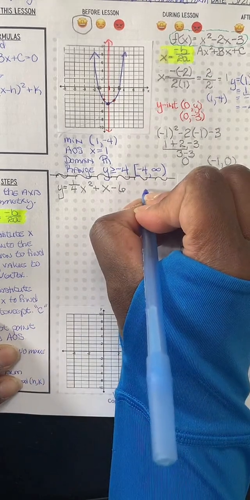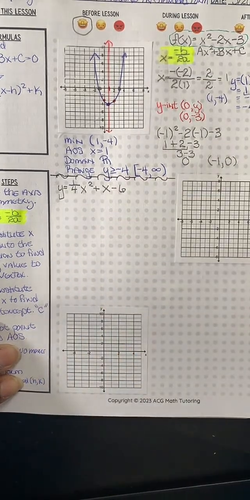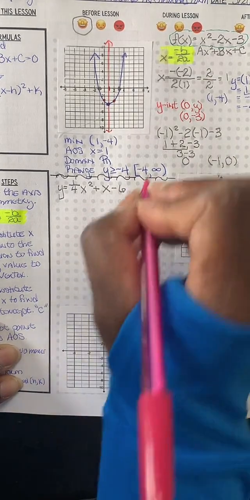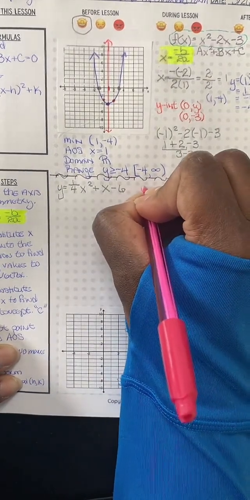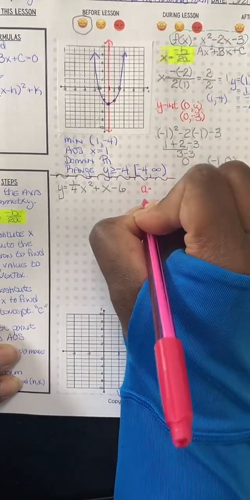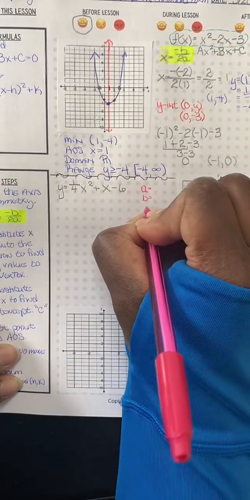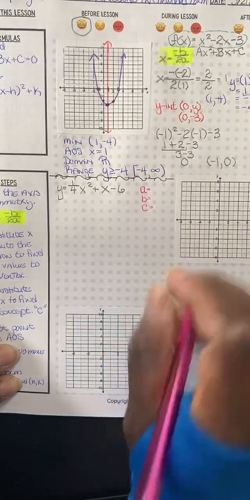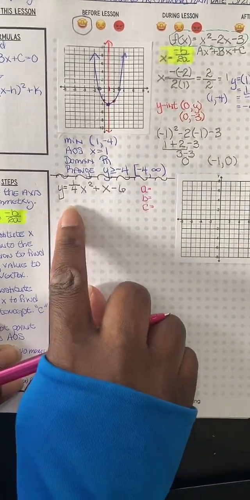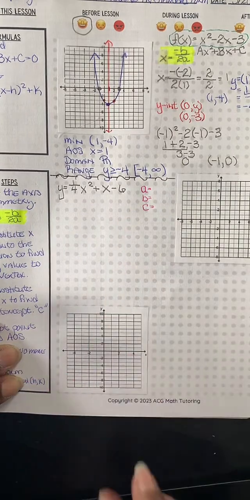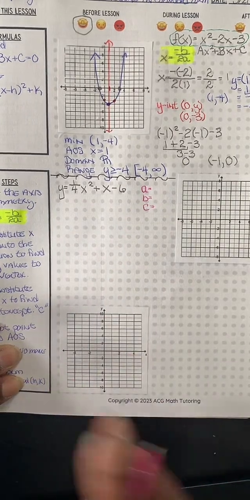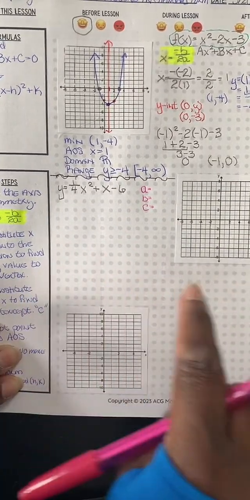So let's list it. We have an a, we have a b, and we have a c. What is my a, what is my b, what is my c? Go ahead, you could just list it: the first number, the second number, and the third number.